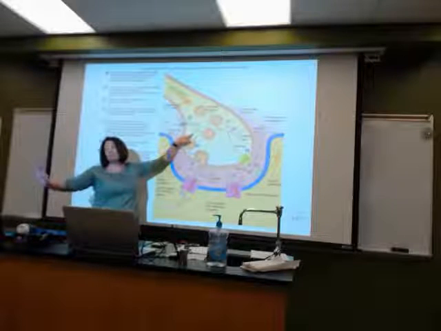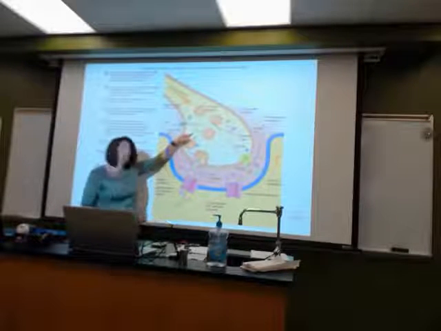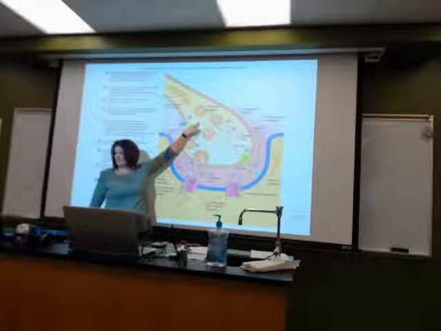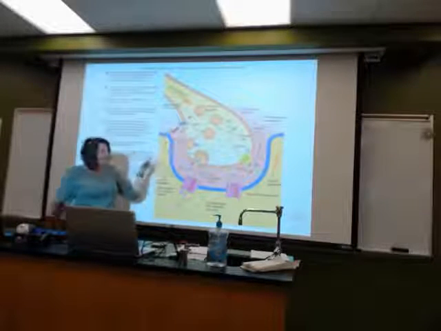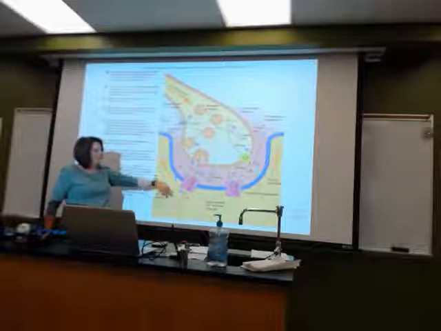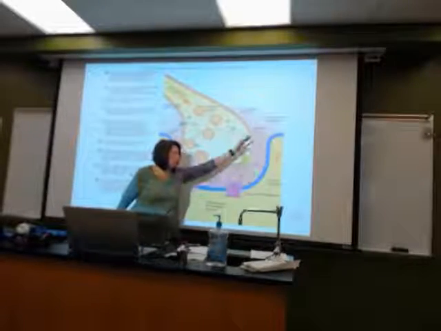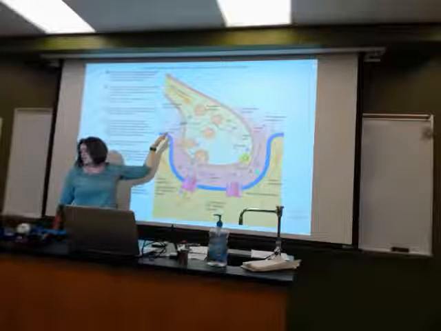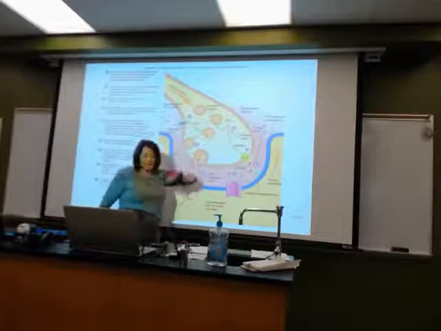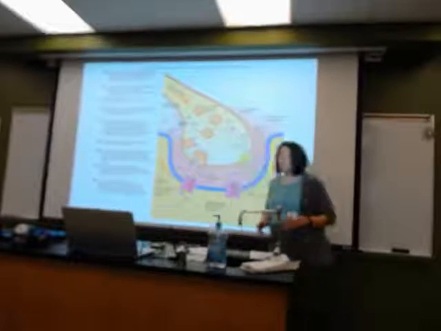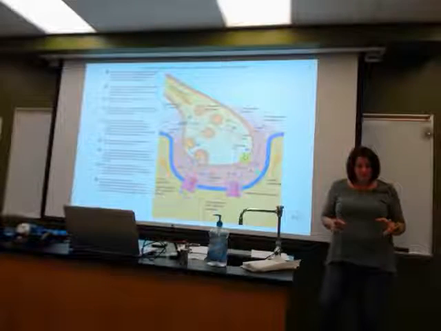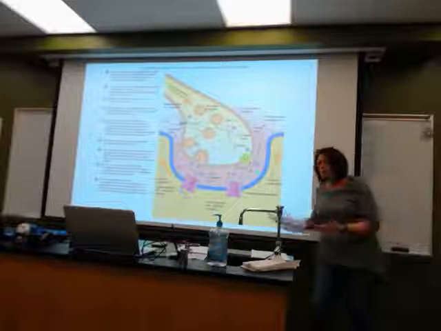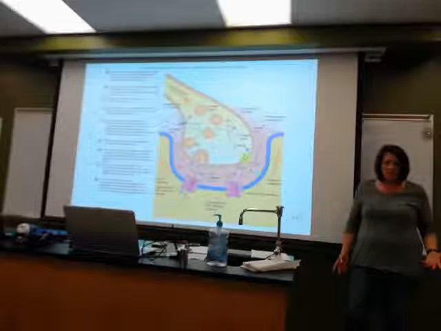Now, I just wanted to point that out because in our next chapter, we're going to talk about the activities occurring here. Right now, we're looking at what's taking place at what we know as the neuromuscular junction. And remember that for a nerve cell, the product is a protein.